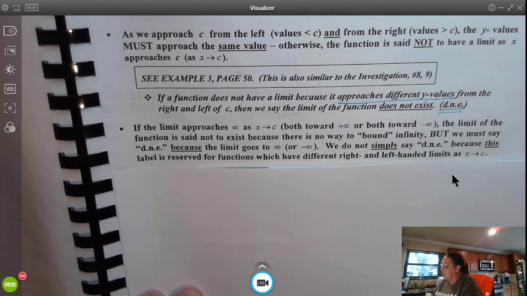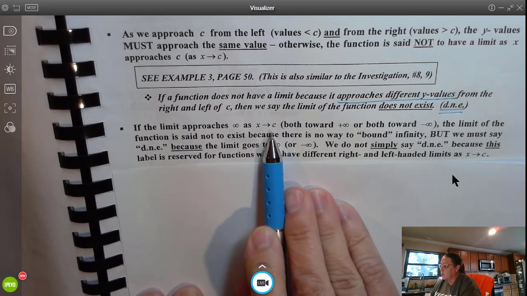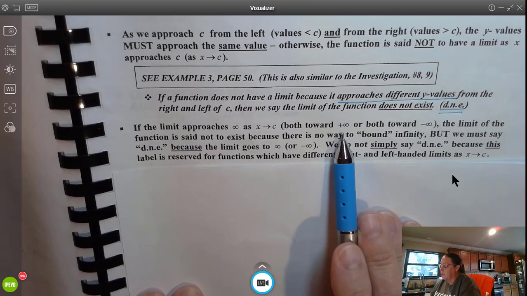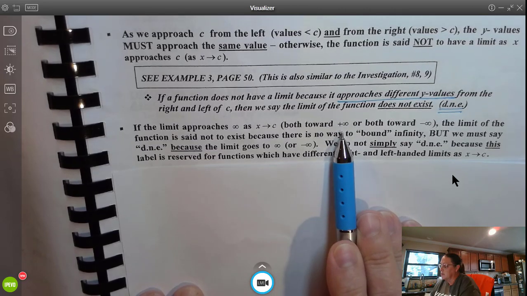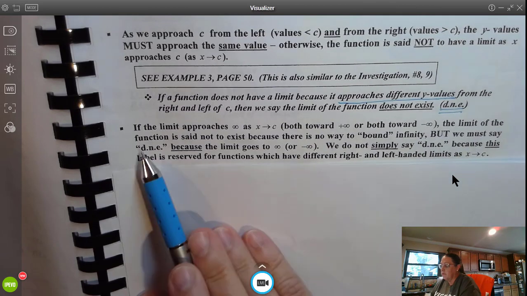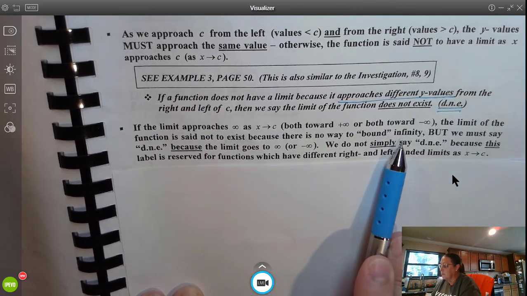If the limit approaches infinity as x goes to c, in other words, both sides as x goes to c, both branches go towards positive infinity or both go towards negative infinity, the limit of the function is said not to exist because there is no way to bound infinity.